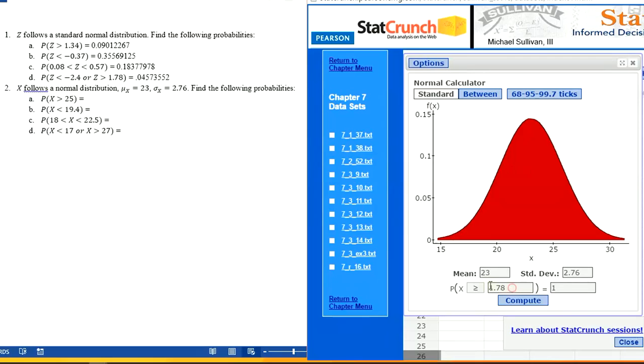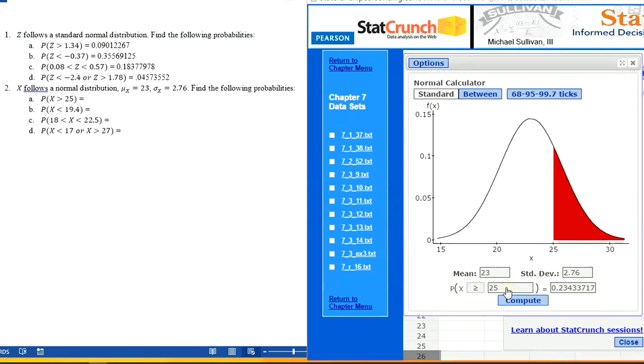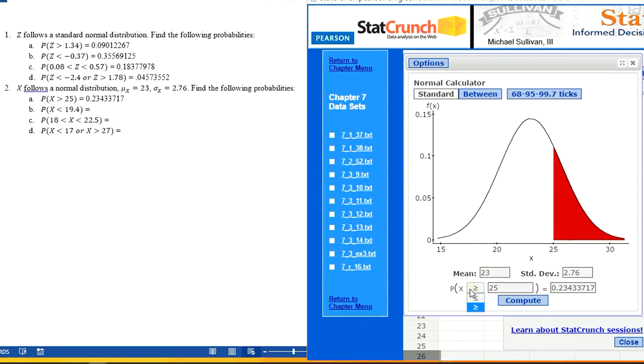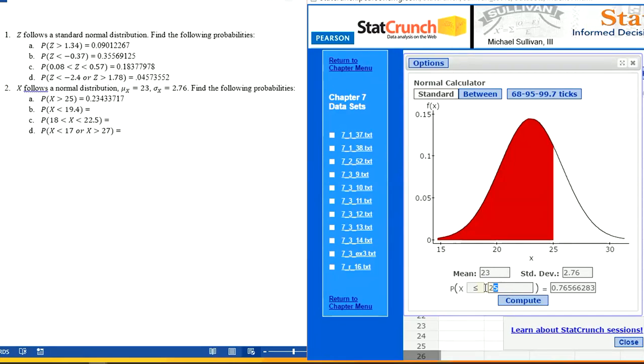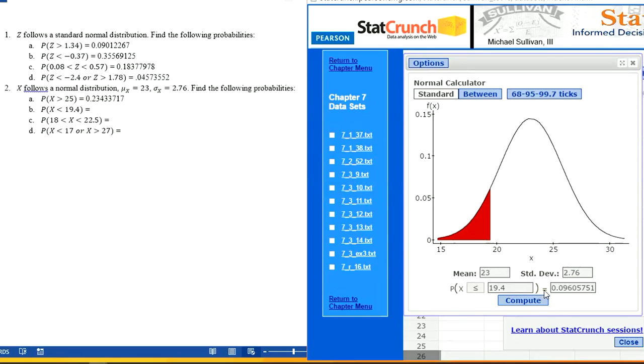The probability of x being greater than 25, easily done. The probability that x is less than 19.4, just type it in. Oops. Easy.